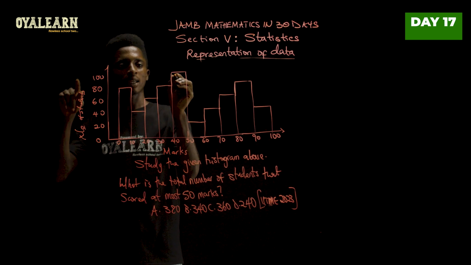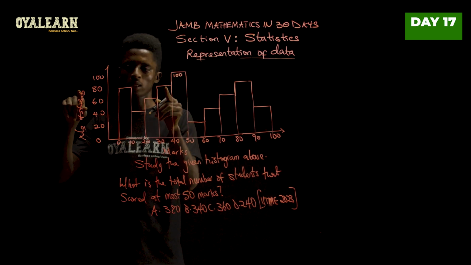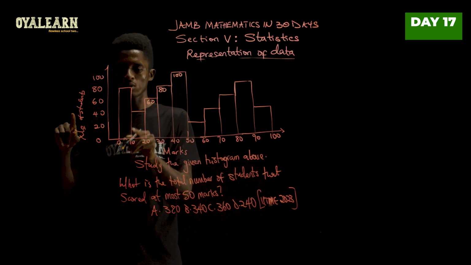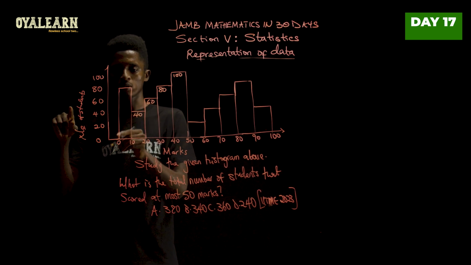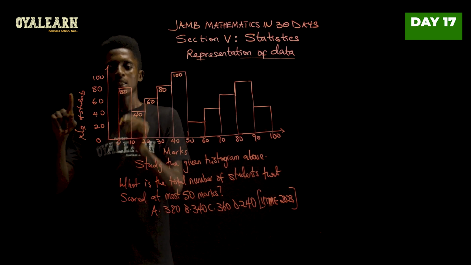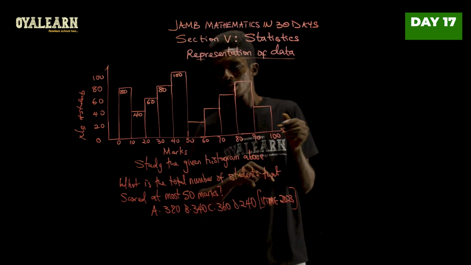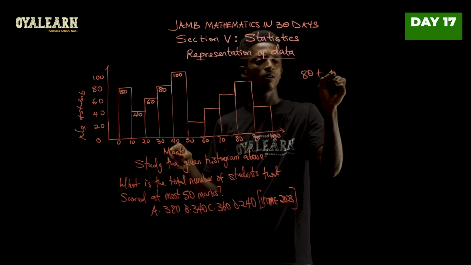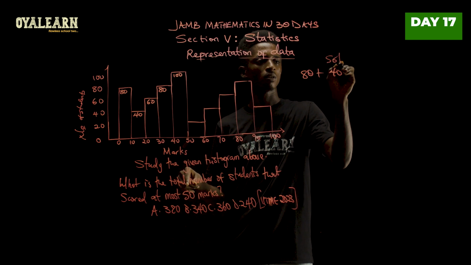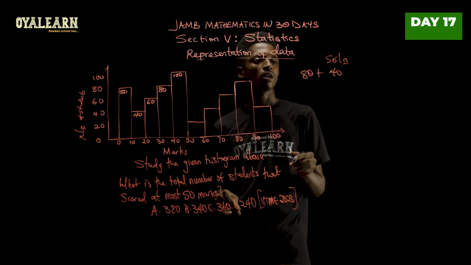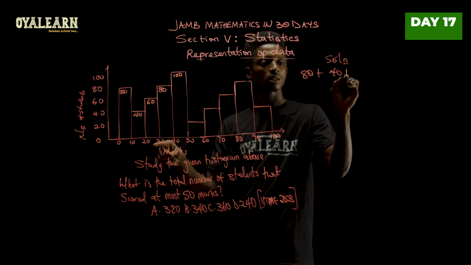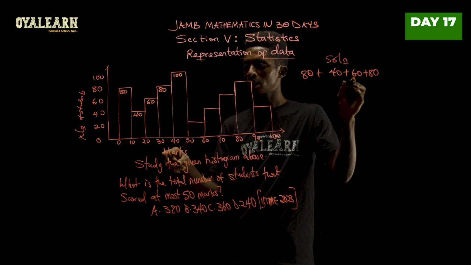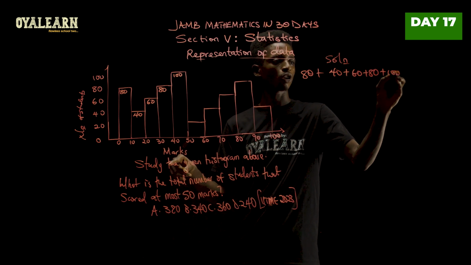And this one gets to 100 students. This is 80 students. This shows 60 students. This shows 40 students. This shows 80 students. So let's add them together. So we have 80 plus 40 plus 60 plus 80 plus 100.